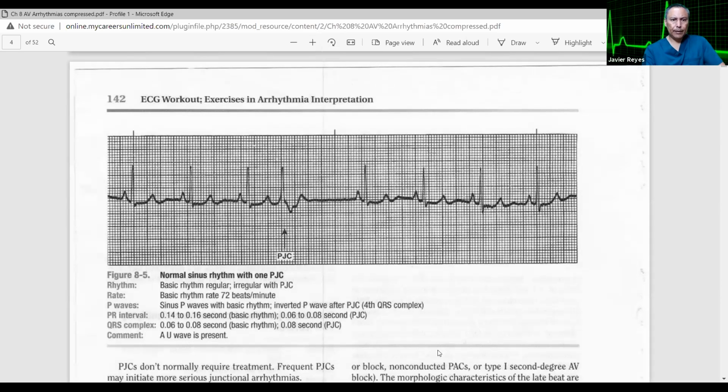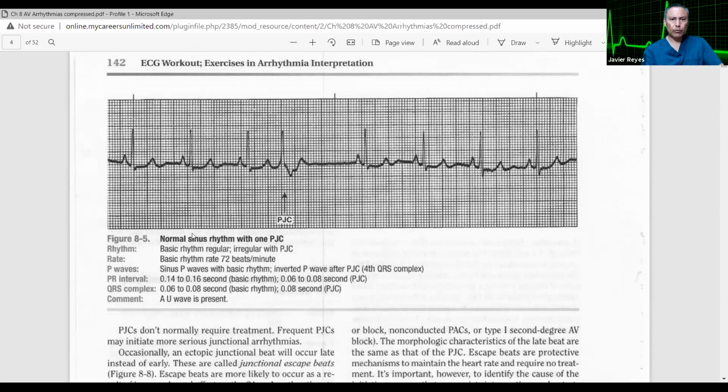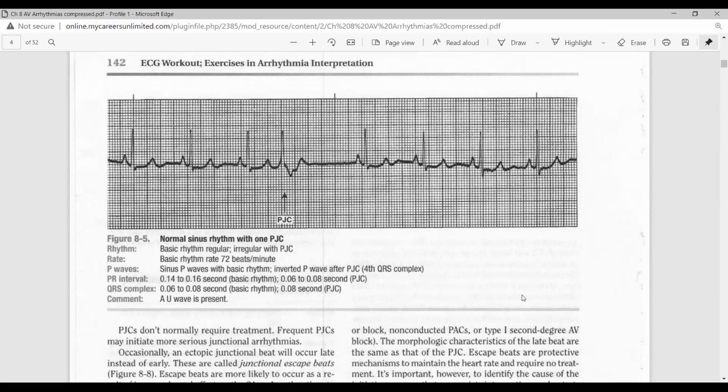So this is a normal sinus rhythm with one PJC. Where is the PJC? Is it before the fourth one?